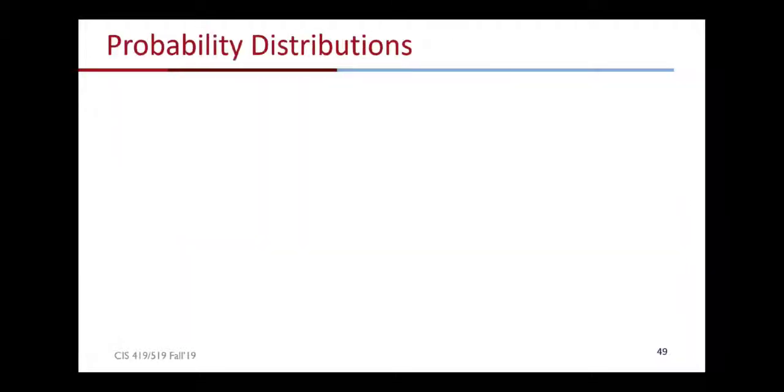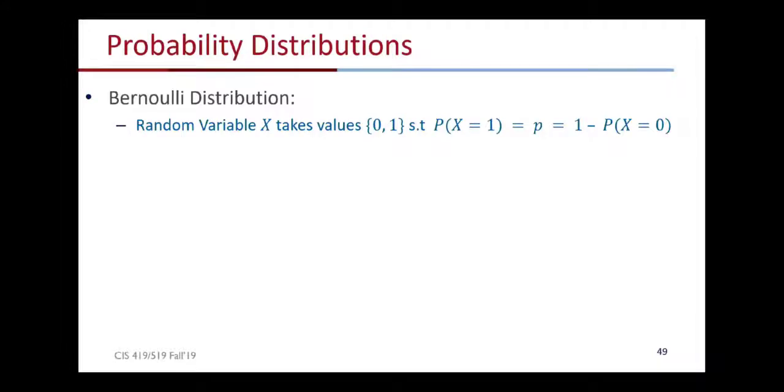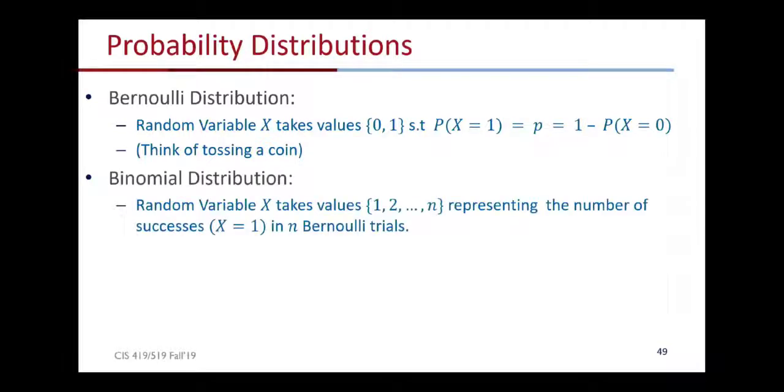So in order to do it, I want first to introduce a few probability distributions. Two of them we already talked about, or at least one of them. We talked about the Bernoulli distribution. We have a random variable that takes two values, 0 and 1, with probability p and 1 minus p. This is just the coin toss case. Binomial distribution, you can think about a sequence of Bernoulli trials.